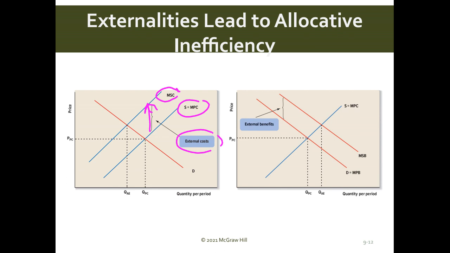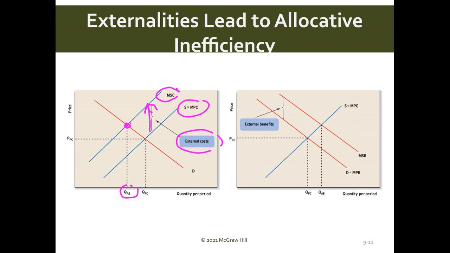If I consider marginal social cost as the true marginal cost of this product, then the output would be this point where the same demand intersects the marginal social cost curve. That is a new marginal cost curve that includes both private and external costs. And you can see this output would be QAE. AE means allocative efficient, or allocative efficiency. So this is the allocative efficient point, which is less than the perfectly competitive level of production.